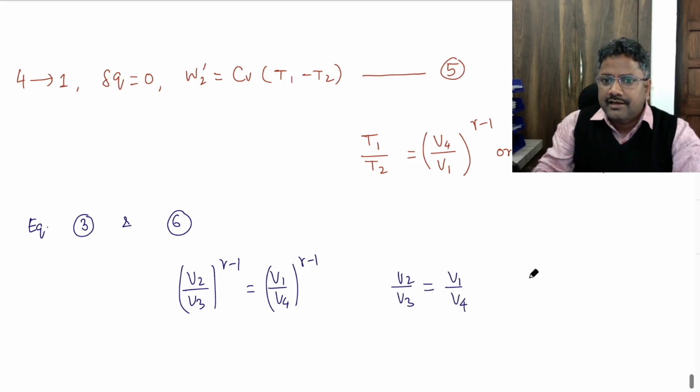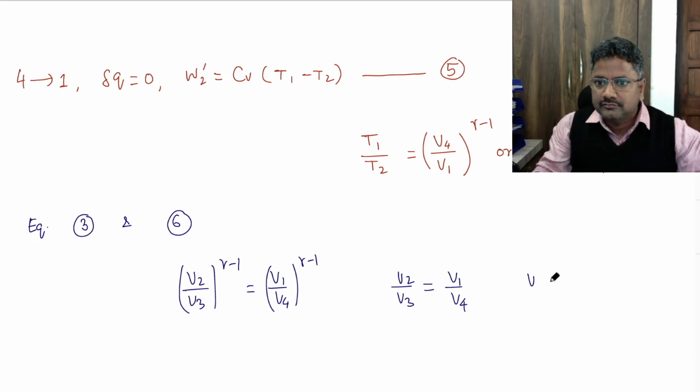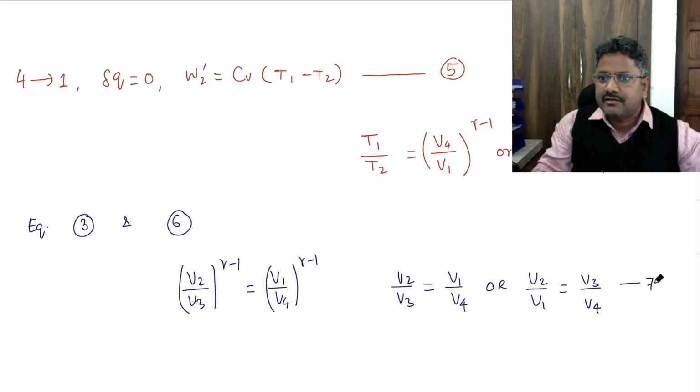Or you can write V2 by V1 is equal to V3 by V4. So this is equation 7, right?